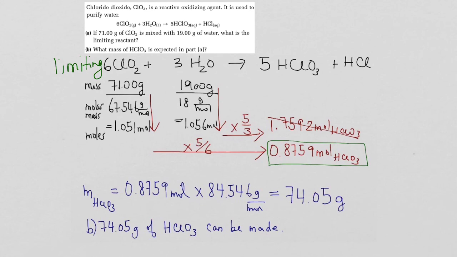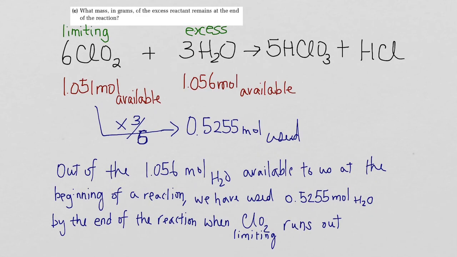You don't have enough reactants to go on. And then we looked at the moles available to us, and then we took the limiting reagent. Using mole ratio, we calculated the amount of moles of excess we would have used by the end of the reaction, which is in this case half as much.